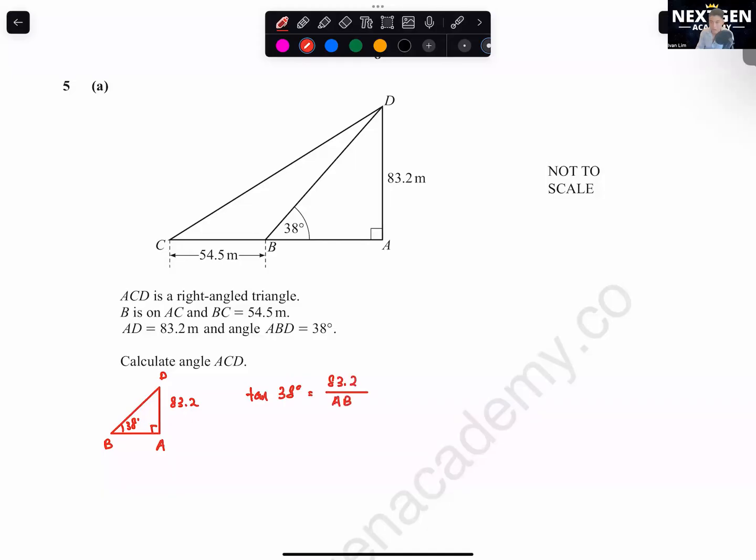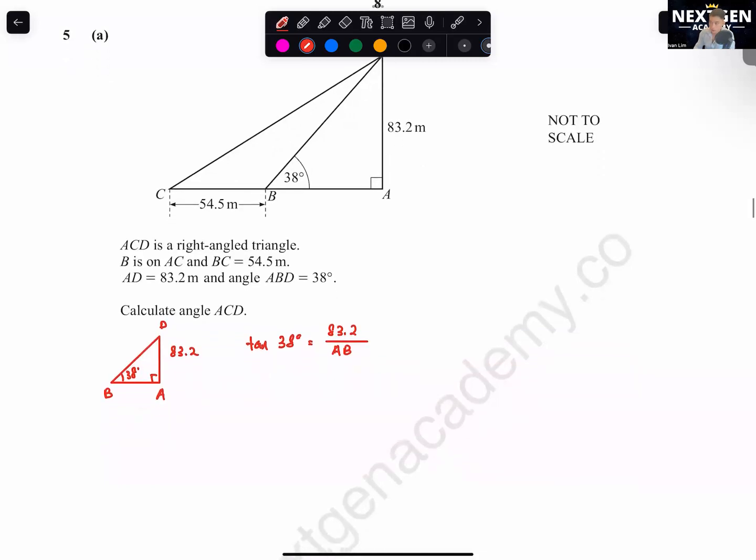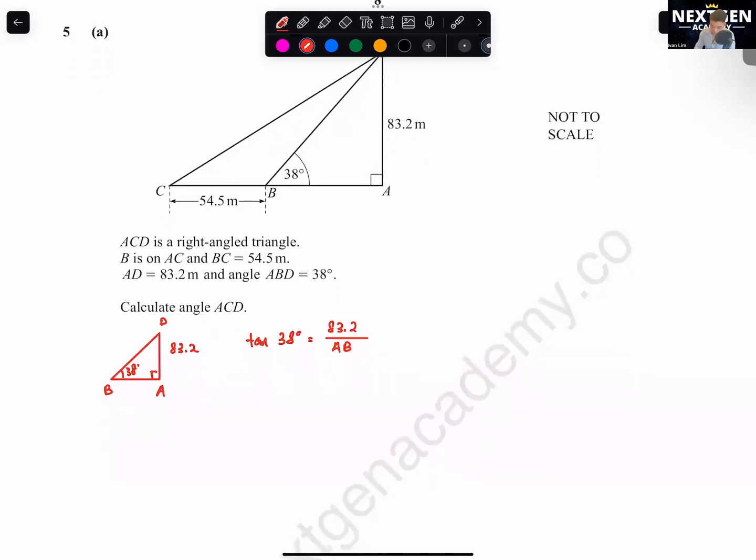TOA: tangent theta equals opposite over adjacent. To calculate this, AB is equal to 83.2 over tangent 38 degrees. What's your AB? You'll get 106.49 meters. Okay, so let's label this down. 106.49 meters.